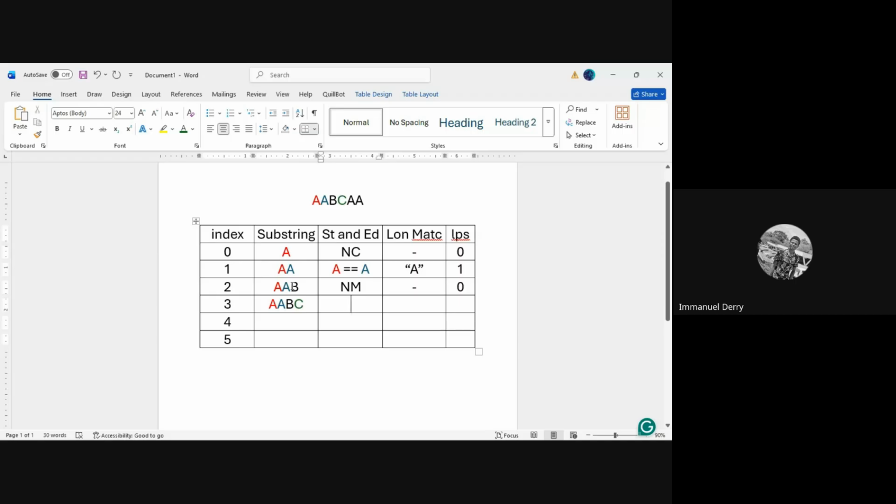So it's more like suffix and prefix. The suffix for this particular substring is this, AA, and the prefix is AB. Do we have a match? AA is not equal to AB, so there's no match as such. Okay. Please, are we clear? Yes.